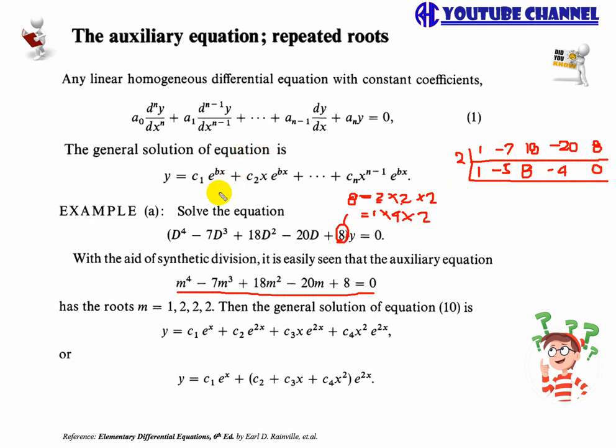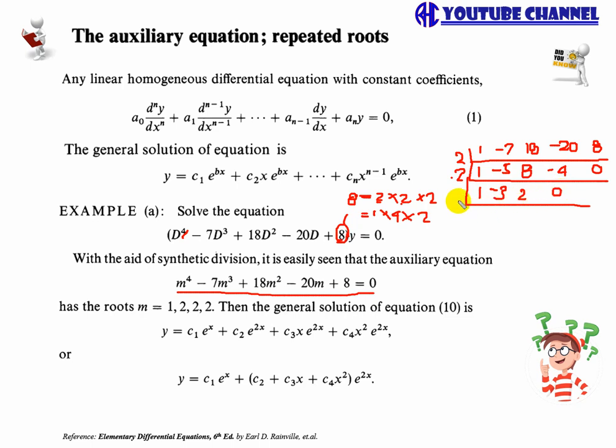So ang hanapin natin yung root is dapat 4 kasi naka 4 degree yung auxiliary equation natin. Okay, try naman natin ulit yung 2. Kailangan lang talaga mag-0 yung huli. Okay, bring down natin 1. 1 times 2, that is 2 minus 5, that is negative 3. Negative 3 times 2, negative 6 plus 8, that is positive 2. 2 times 2, 4 minus 4, that is 0.